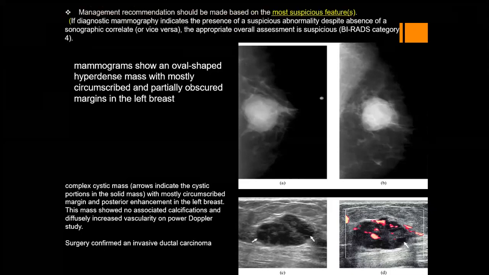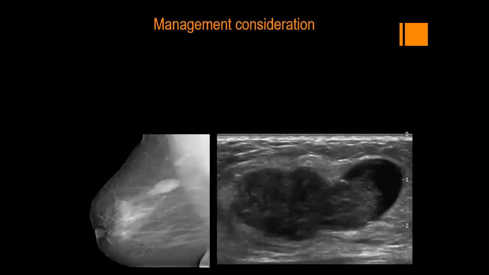And if we follow the lexicon, everything will, inshallah, tend to be done the correct way. So management recommendations should be made based on the most suspicious finding. If diagnostic mammography indicates the presence of a suspicious abnormality despite absence of a sonographic correlate, or vice versa, the sonography demonstrates a suspicious finding while mammography does not, we have to consider the most abnormal and most suspicious features, as in this example also.